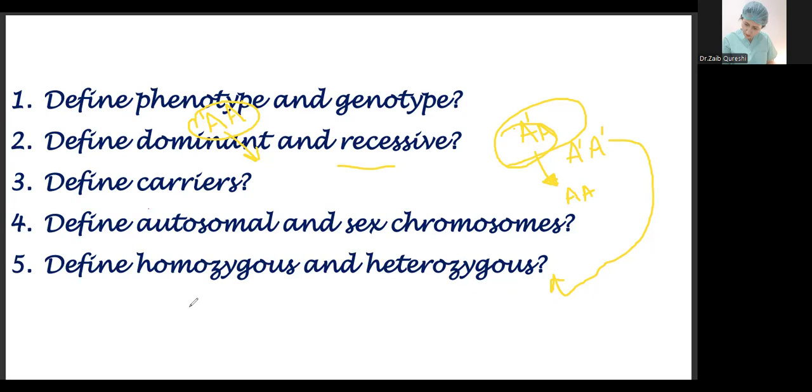So now let's talk about question number 5. Let's leave question number 4 for a while. Now we are talking about homozygous and heterozygous. Who is homozygous and who is heterozygous? Let me tell you, if a person has two mutated genes in the genome, he is homozygous for that disease. And if the person has only one, then he is heterozygous.